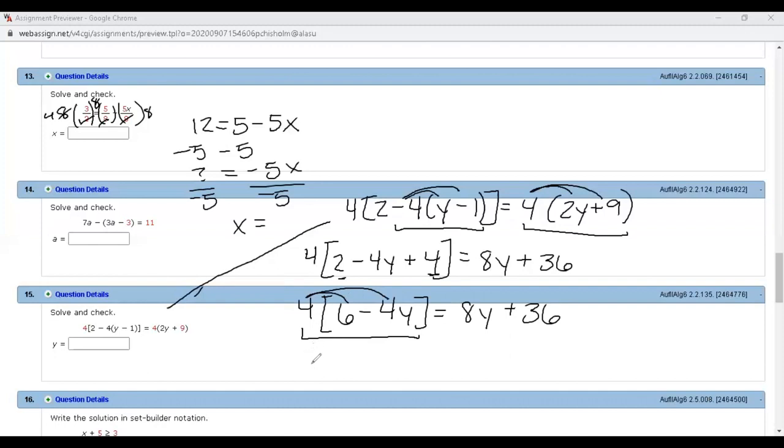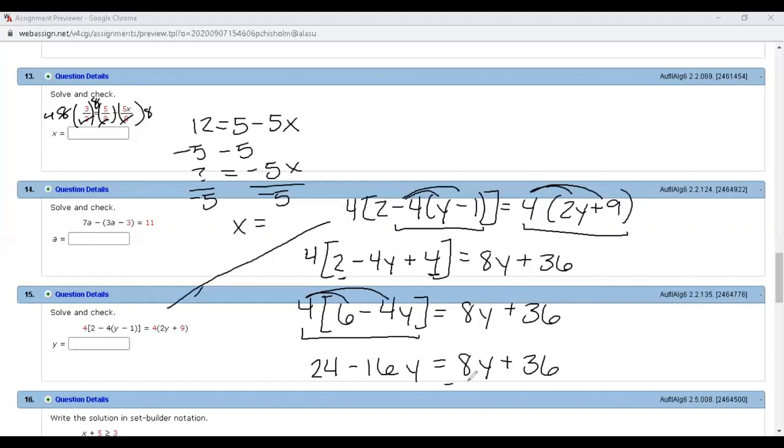So 4 times 6 is 24. 4 times -4y is -16y. And we can copy the rest of this on down. Okay? Now that both sides of our equation are simplified, now we can start moving things across our equal sign.